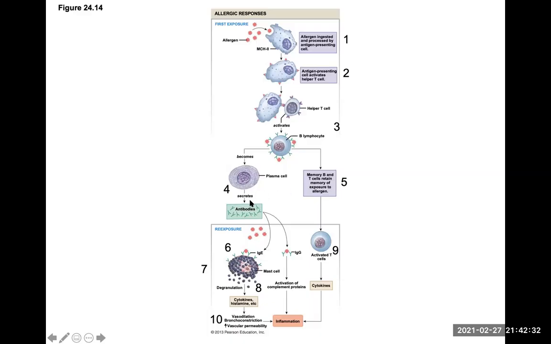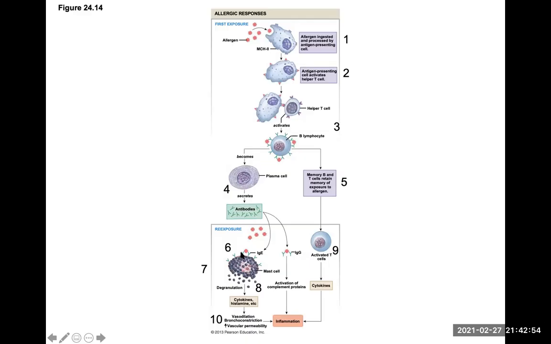Step 6, antibodies. So if you go the route of plasma cells, if the B lymphocytes differentiate into plasma cells, they are going to secrete the antibodies. Antibodies like an IgE immediately bind to the surface of the mast cell or the basophil. The basophil is this particular lymphocyte.